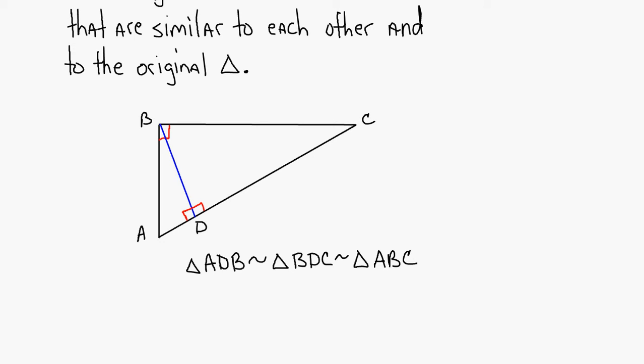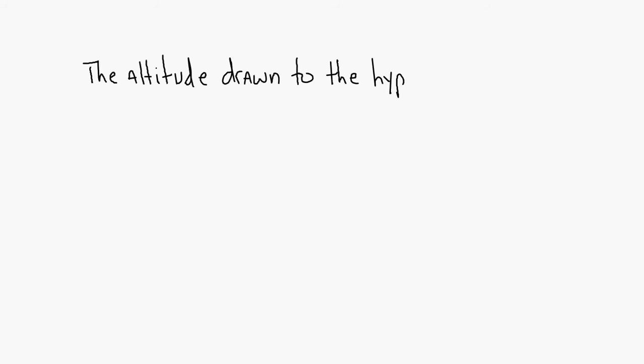Okay, look at the top of page 539. The altitude drawn to the hypotenuse creates two segments.